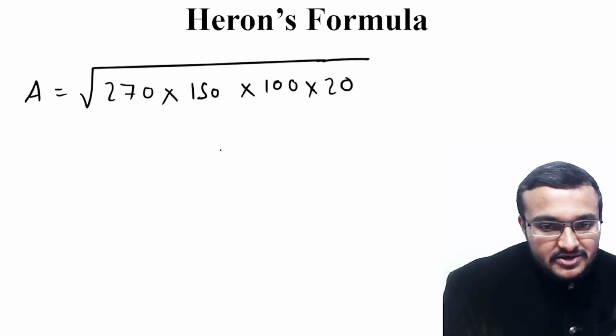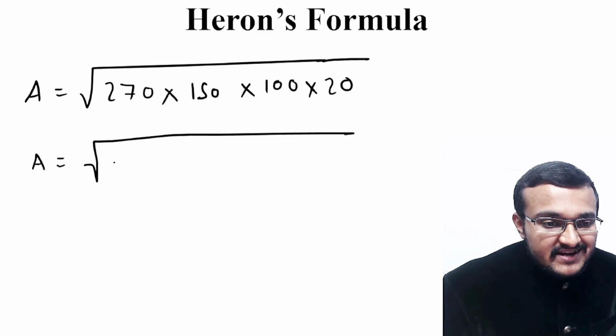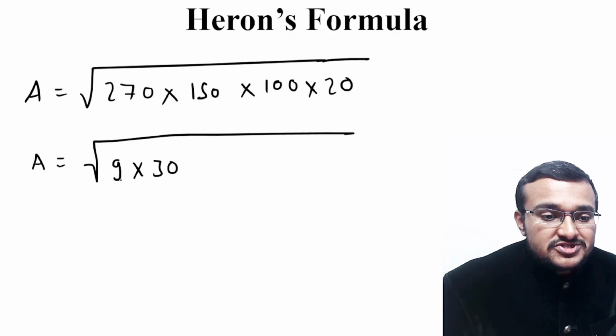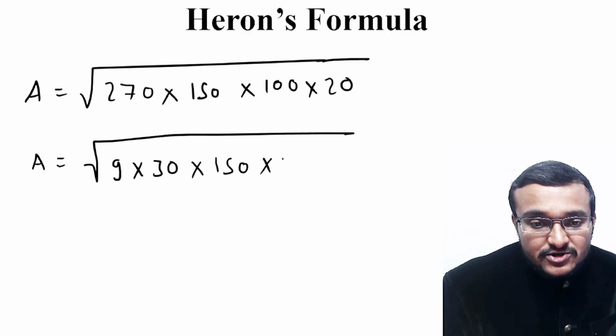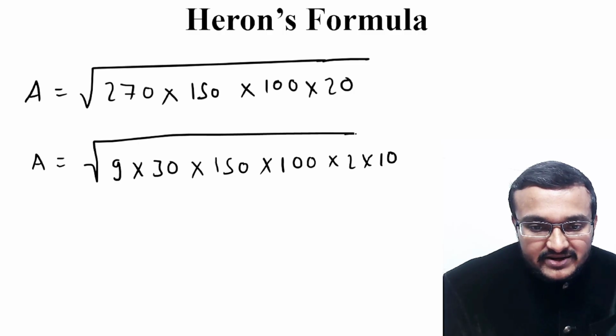So now we have got this. Here 270 we can write as 9 into 30, because 9 3s are 27 and a 0 is there, so it becomes 270. Here 150 into 100 we'll write 100 as it is, and 20 we can write as 2 into 10.